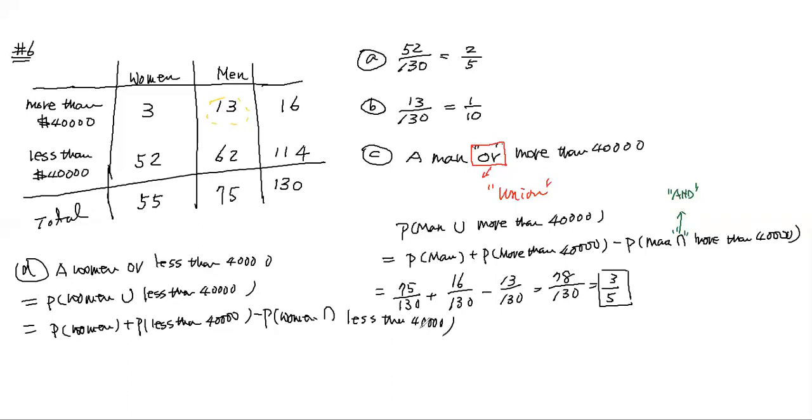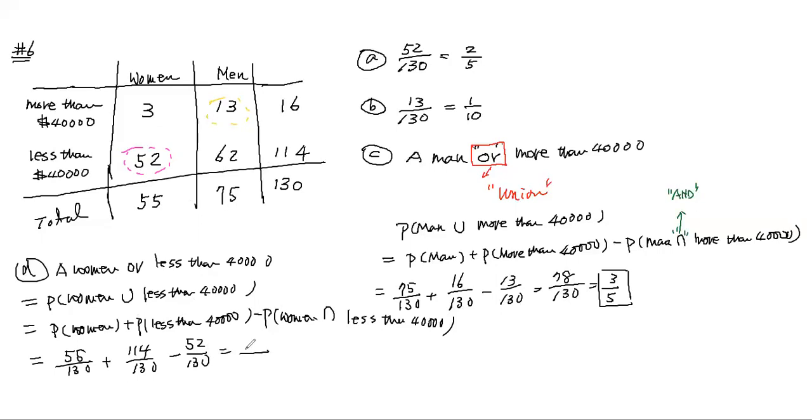Okay. So now total women is 55 over 130. Total less than 40,000 is 114 over 130. Minus women and less than 40,000, it's here, so minus 52 out of 130.